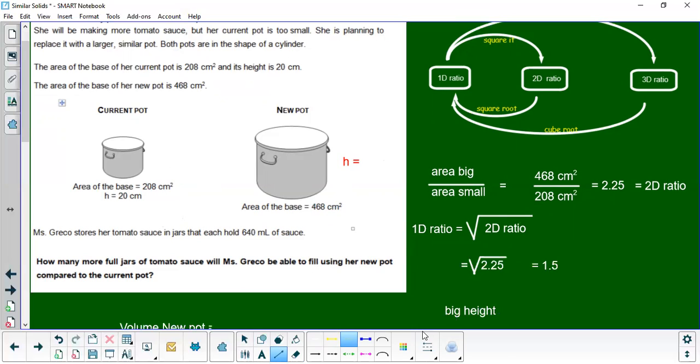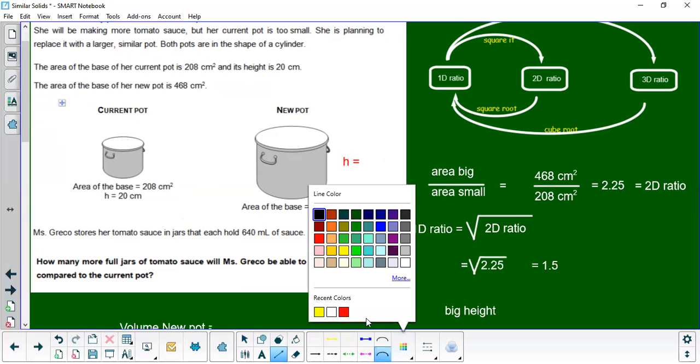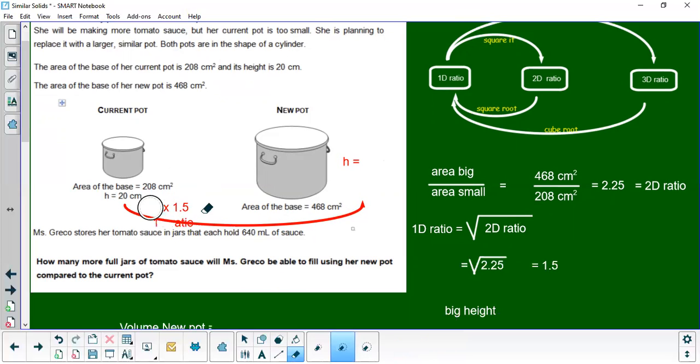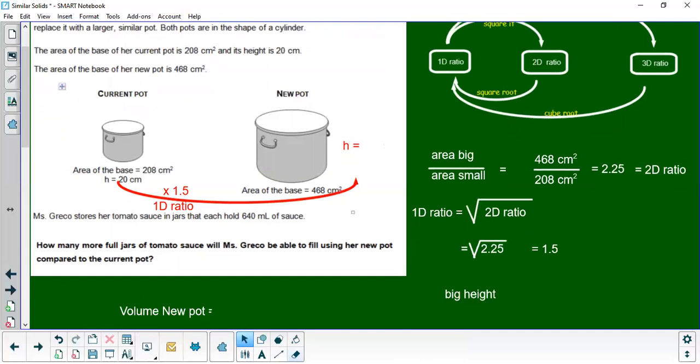So the small height is 20, multiplied by the 1D ratio, 1.5, and the big height is 30.